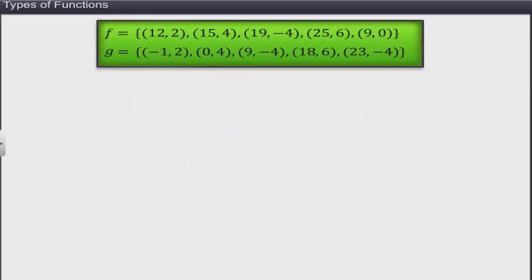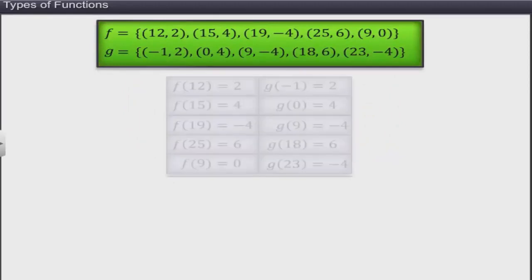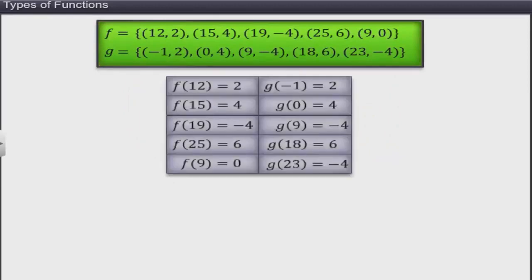Look at functions f and g. To check the functions for injectivity, we consider any 2 different values in the domain of function f and check that their corresponding outputs are different. In the first case, different elements have different images.